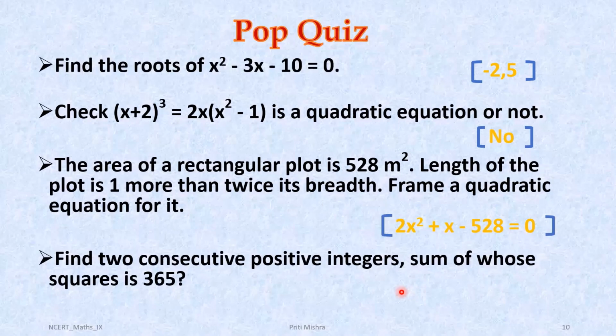Consecutive integers means if one you are supposing x, then another will be x plus 1. I'm giving you one hint here. So it's time to tell you the answer. Answer is 13 and 14.